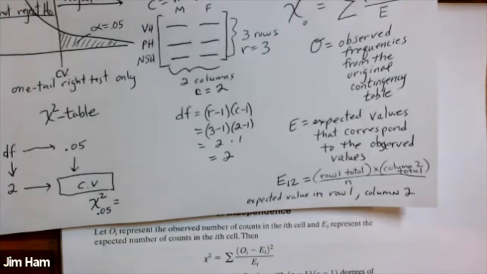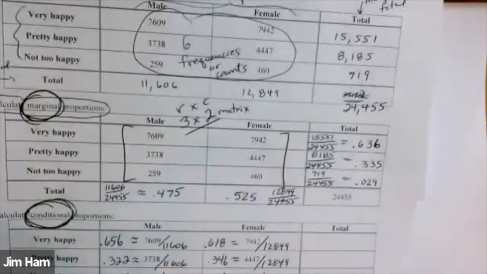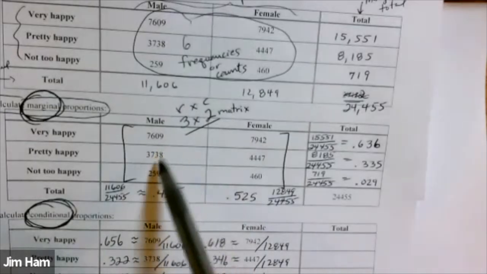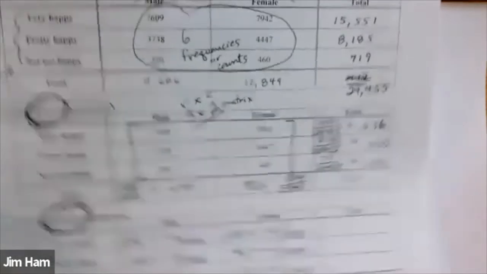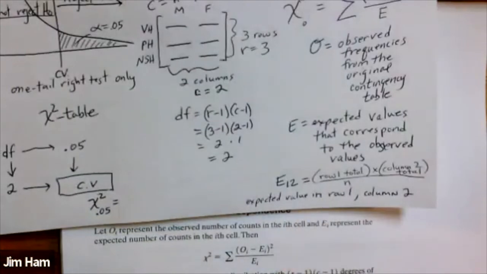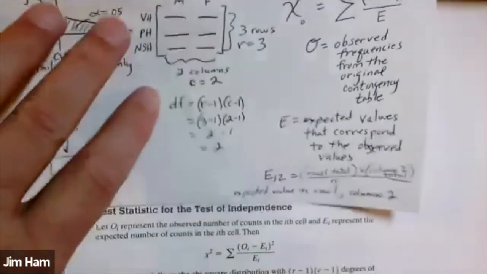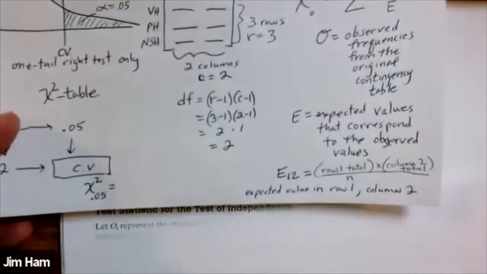You'd have to do that 6 times for our example, because there are 6 different frequencies, 6 different counts in our table. So there's going to be 6 different expected values. Just kind of giving you an overview, and we'll get into more detail later.